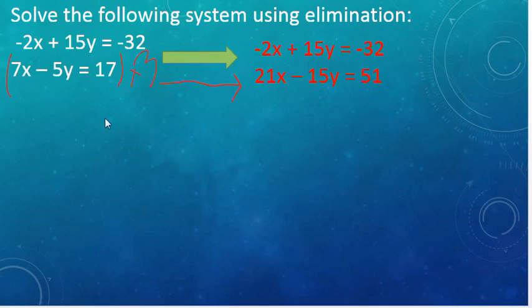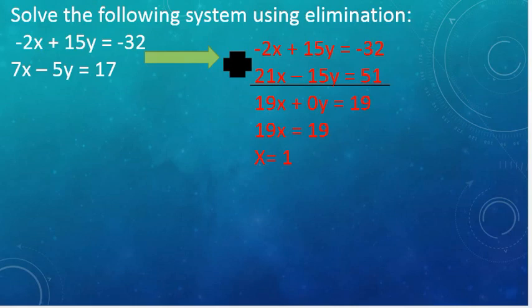You need to multiply the entire equation by 3, and you should get 21x minus 15y equals 51. Now you can solve the way you did above. So add your two equations together, and you get 19x plus 0y equals 19. 19x equals 19, so x equals 1.